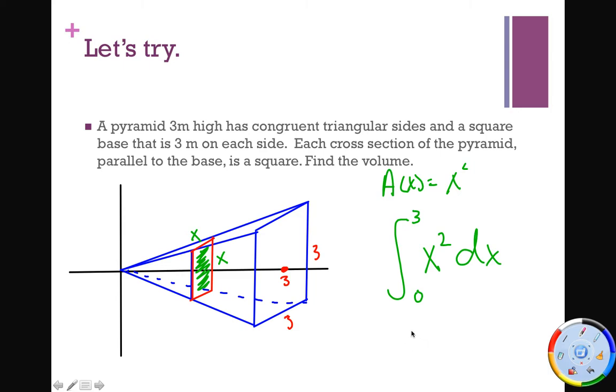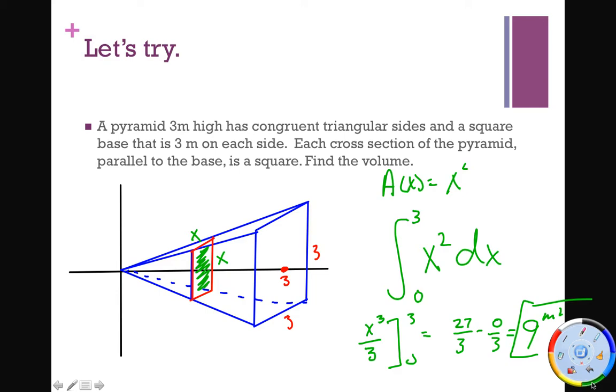And if we were to figure this integral out, this would be x to the third over 3 from 0 to 3, which is 3 to the third power, 27 over 3, minus 0 over 3, which is 9 meters squared, by the way, because there are units in this problem.